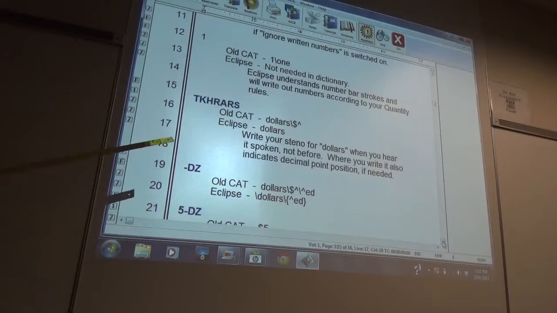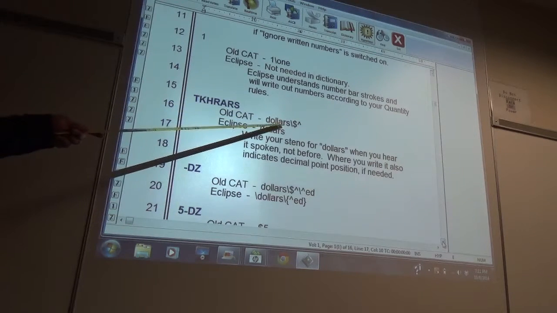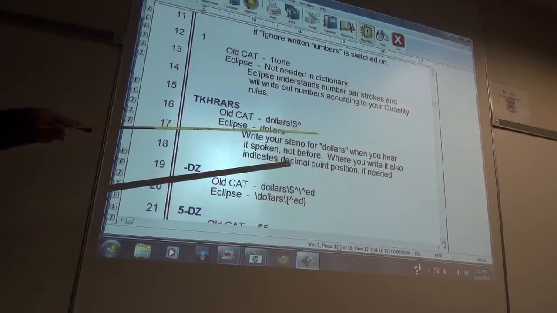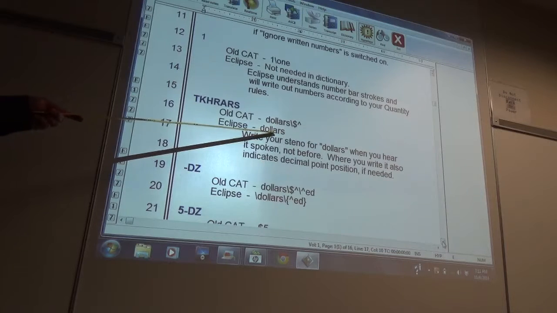Okay, now it's talking about dollars. Back in the day, this is how we had to define it: dollars or money conversion with any number. Not anymore. Do not do it that way. All you have to do is write out dollars, and it'll know. It's already going to know what to do.